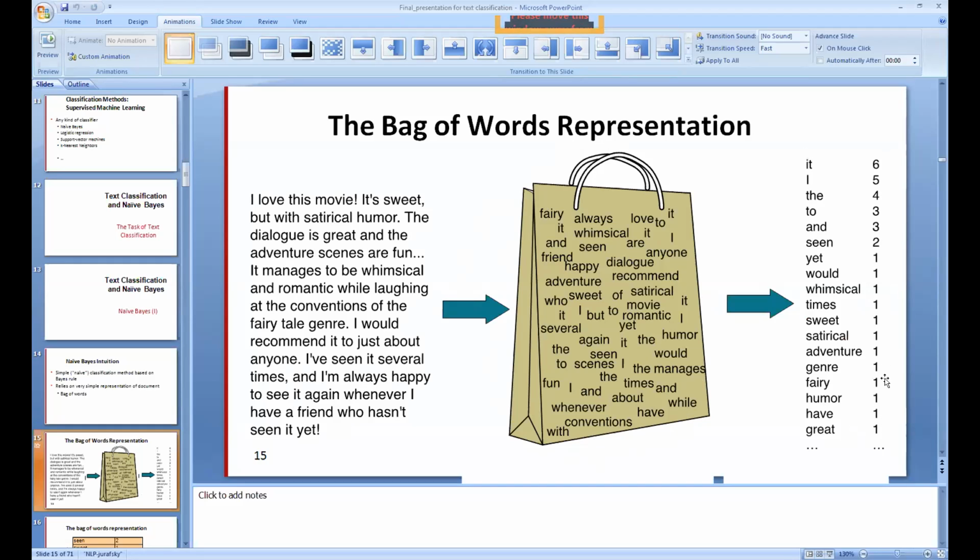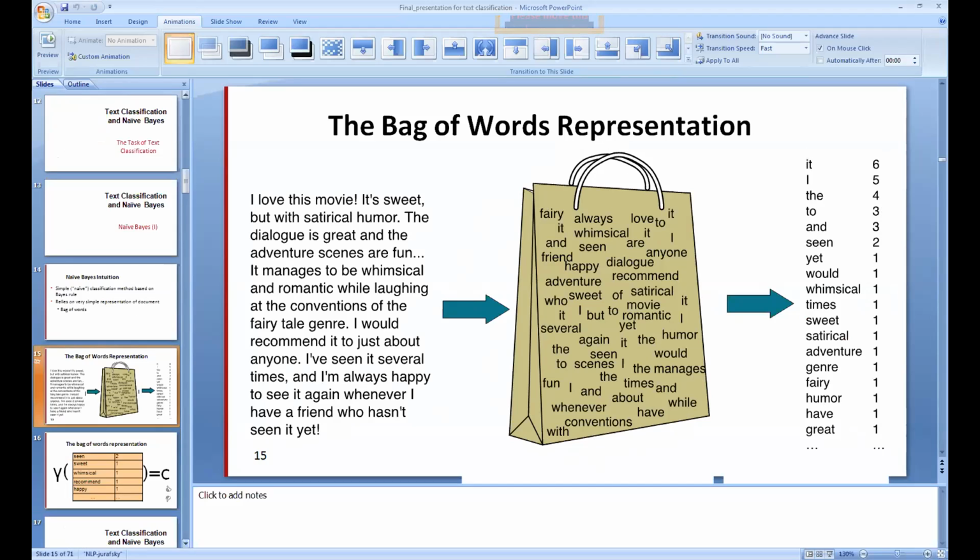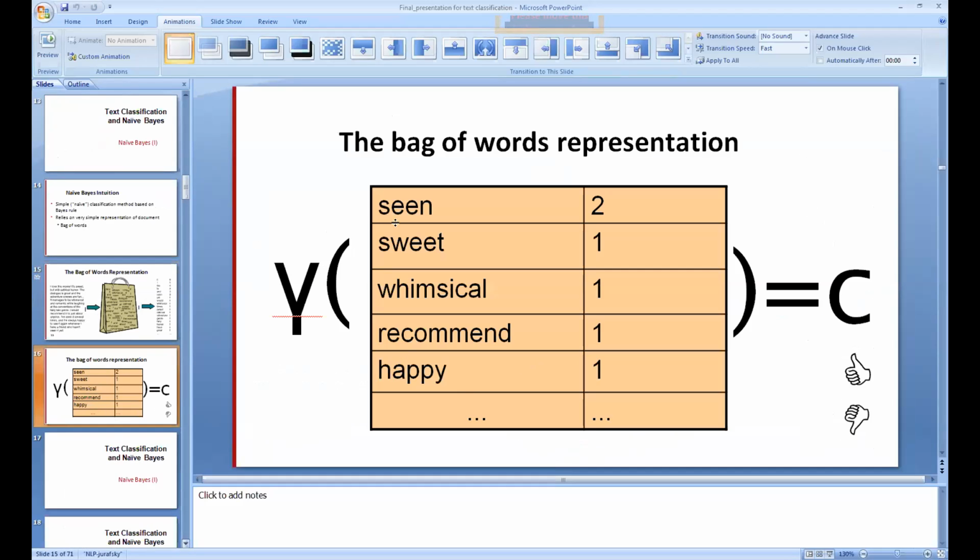This is going to act as a weight while we calculate the probability. These are the features we created from the bag of words. "Seen" occurs 2 times so it has a weightage of 2, "sweet" has a weightage of 1, "whimsical" a weightage of 1, "recommended" a weightage of 1, "happy" a weightage of 1, and so on. Based on this bag of words, we are going to create a class.